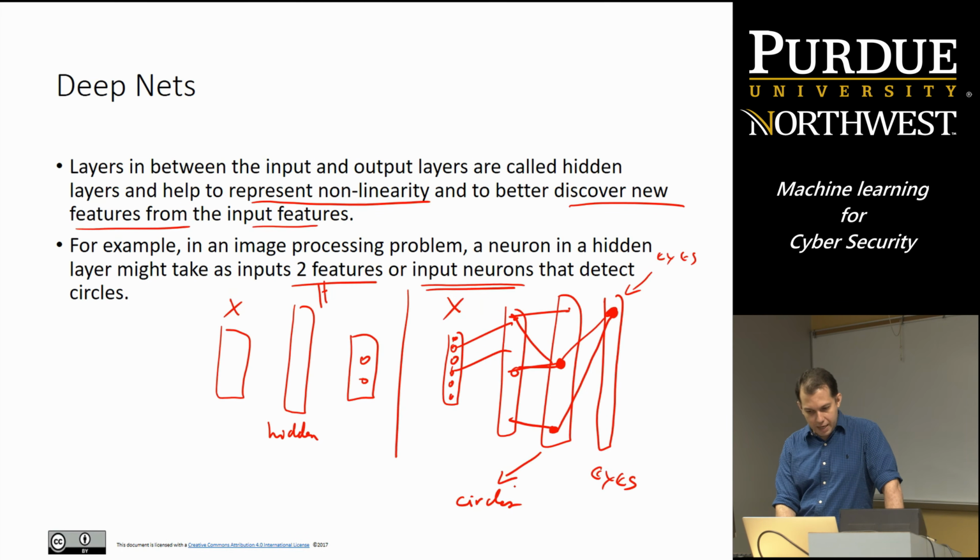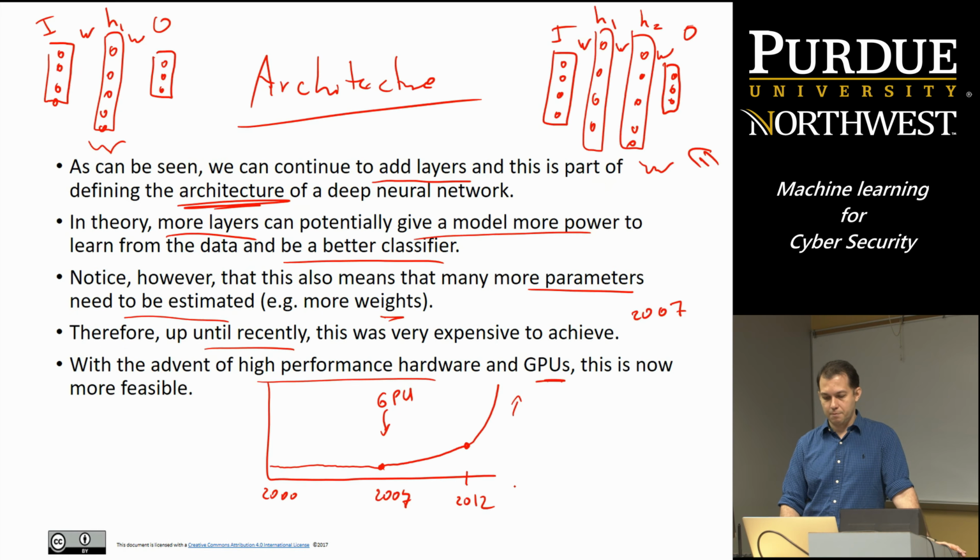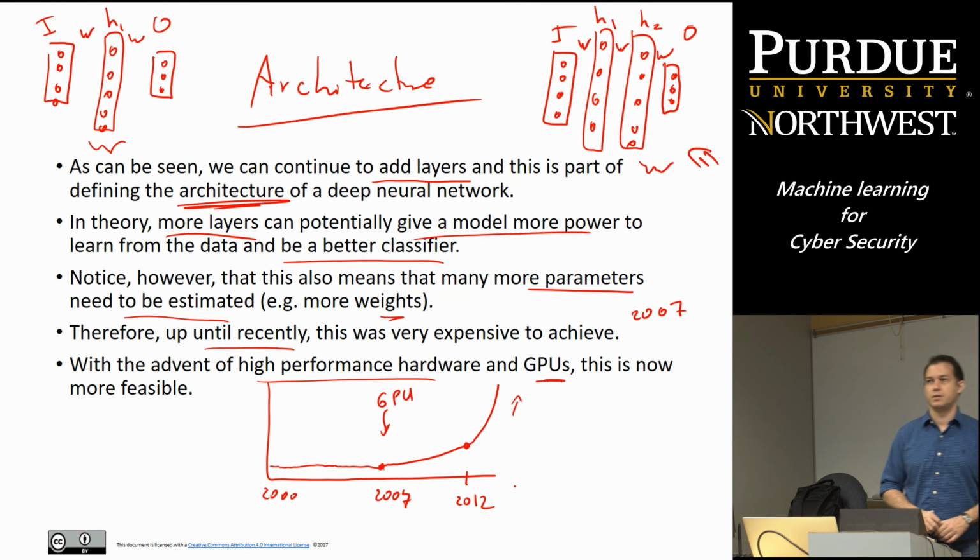Okay, so deep nets: the layers in between the input and output layers are called the hidden layers, and they help to represent nonlinearities and to better discover new features from the input features. That's kind of what I just said, in summary, in words. For example, in an image processing problem, and I've given this example quite a bit. So, architecture. We can continue to add layers, and this is part of defining the architecture of the deep neural net.